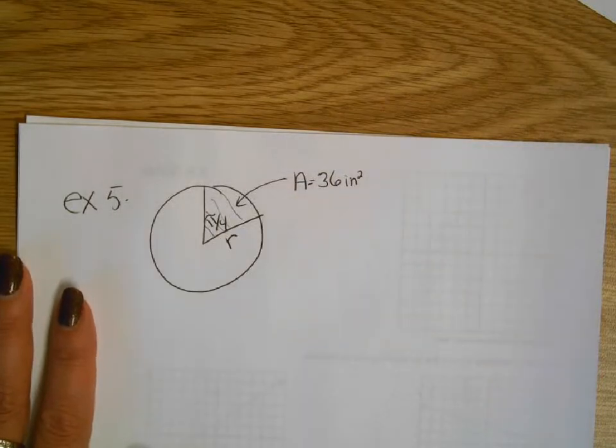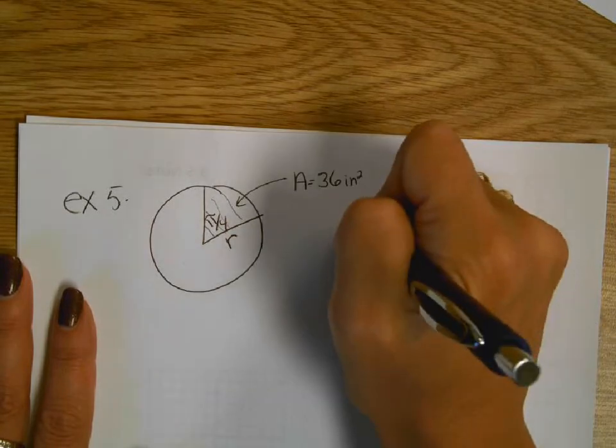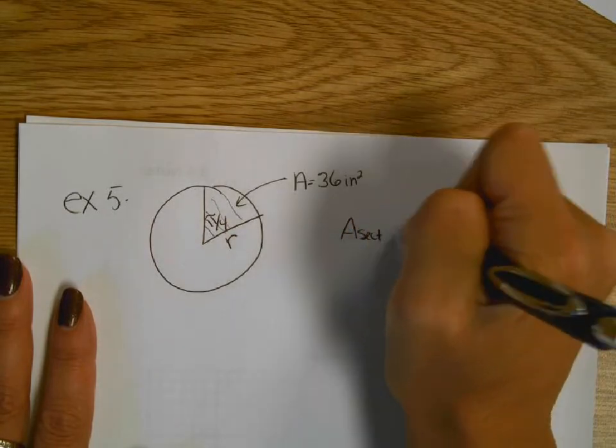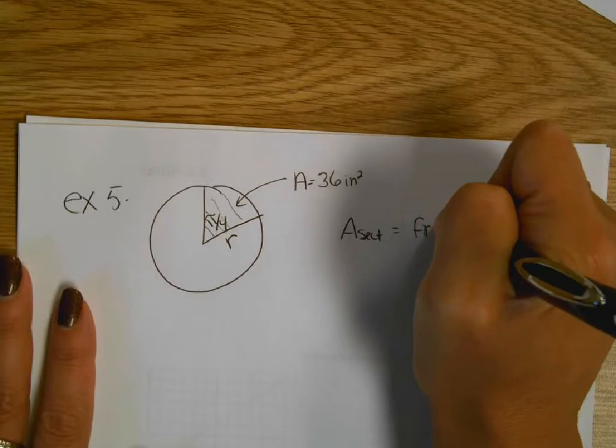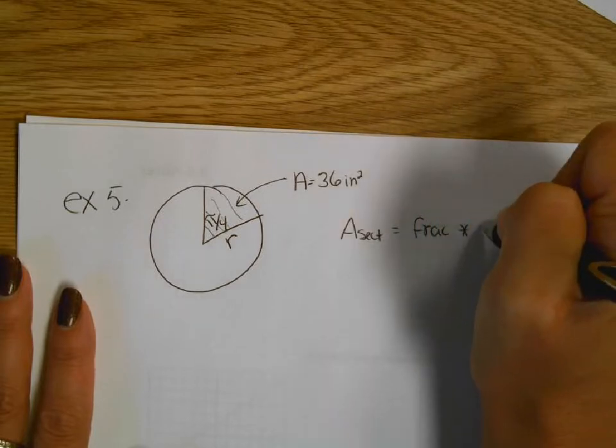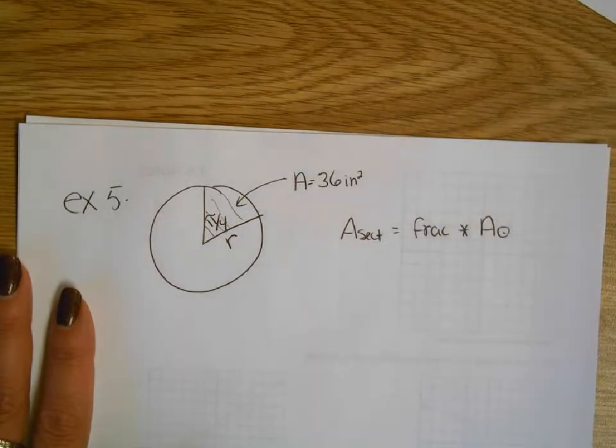We're jumping right to the challenging one. So we're just going to plug into our plan. We know that area of the sector equals the fraction multiplied by the area of the circle. That's our plan.